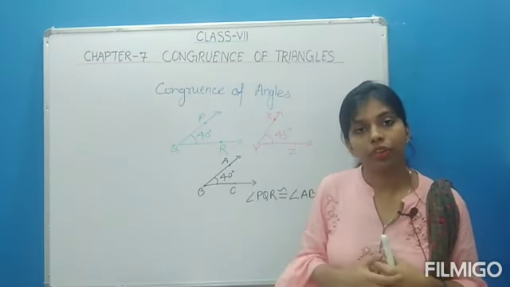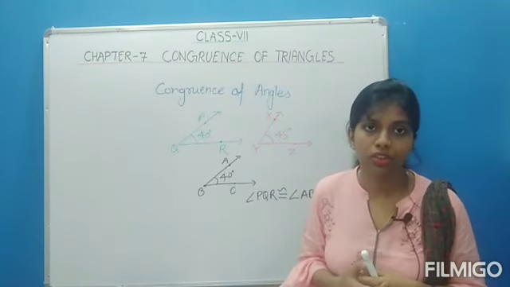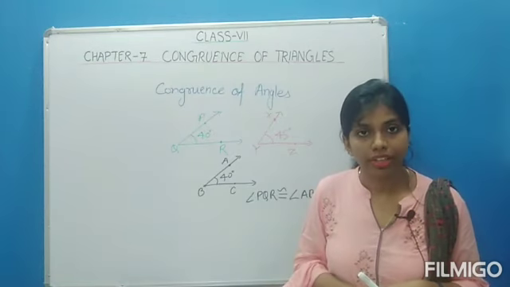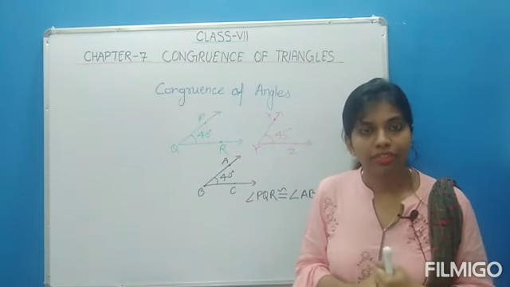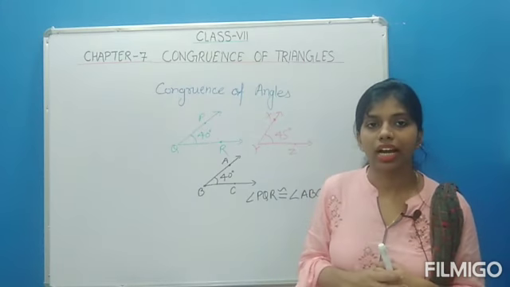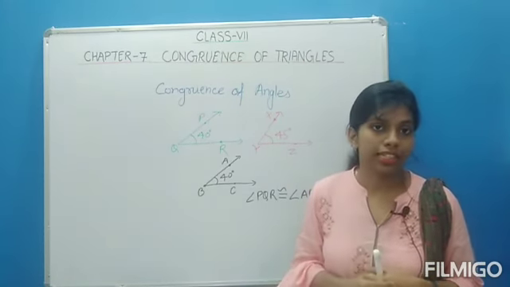Now after that we are going to discuss congruency for two triangles. This chapter is all about congruency of triangles. In the next video we are going to discuss how we know that two triangles are congruent to each other. So this is just an introduction.